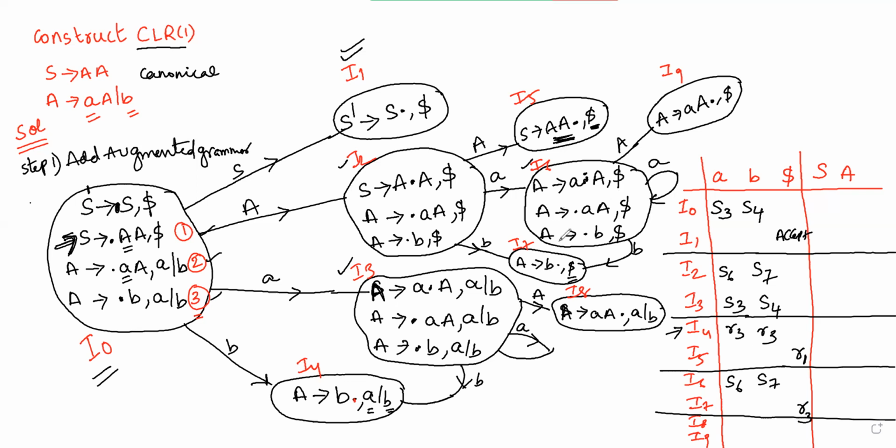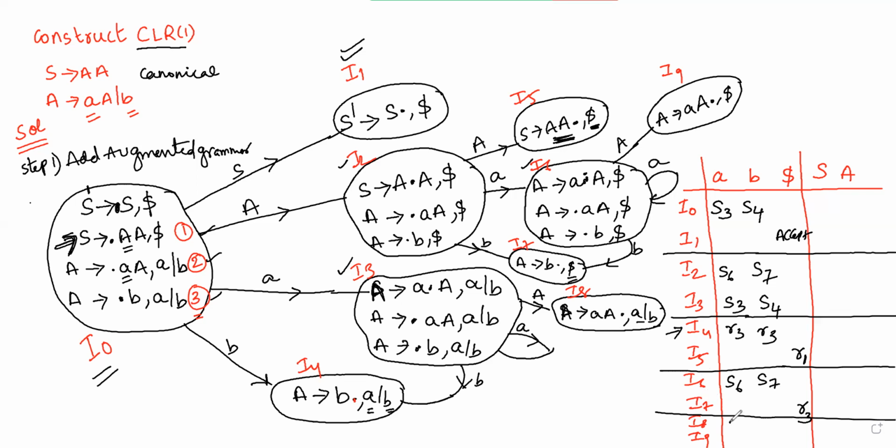Similarly, I8. I8 means A tends to AA dot, with lookaheads A and B. This is the second production. So in place of A and B, you write the second production, R2, R2.